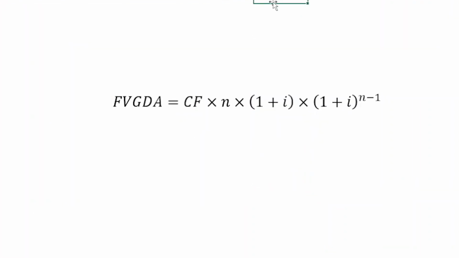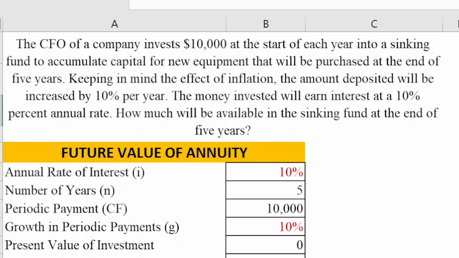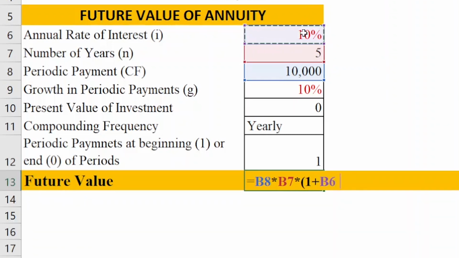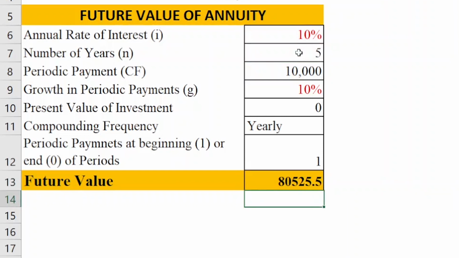Future value of growing due annuity is equal to cash flow into n into 1 plus I into 1 plus I raised to power n minus 1, and the example is the same, just the payments are made at the start of the year and we have to calculate the future value, equal to cash flow, that is 10,000, multiply by n, multiply by 1 plus interest rate, that is 10%, multiply by 1 plus interest rate raised to power n minus 1, and the answer is computed, that is 80,525.5.